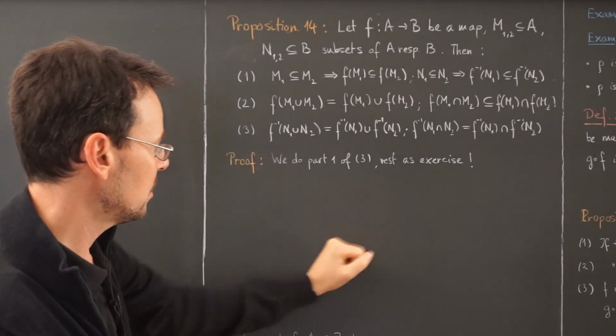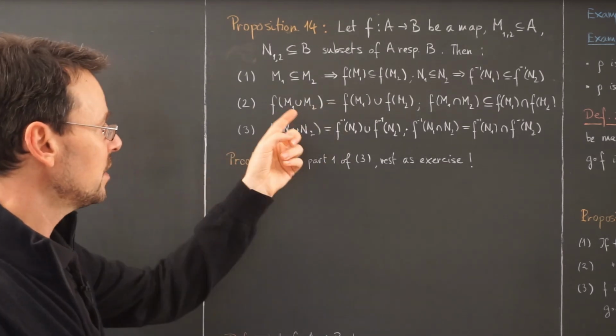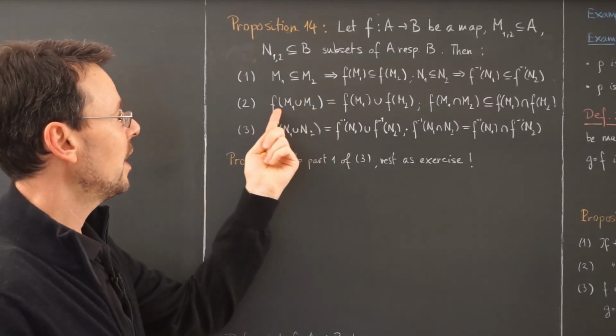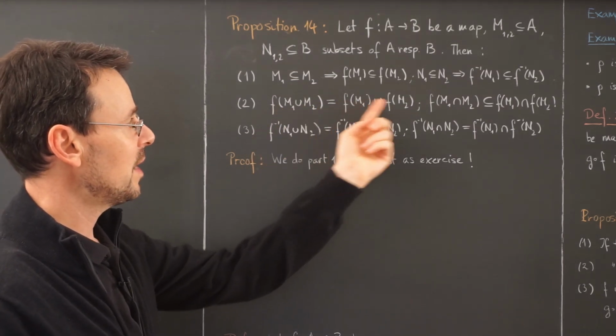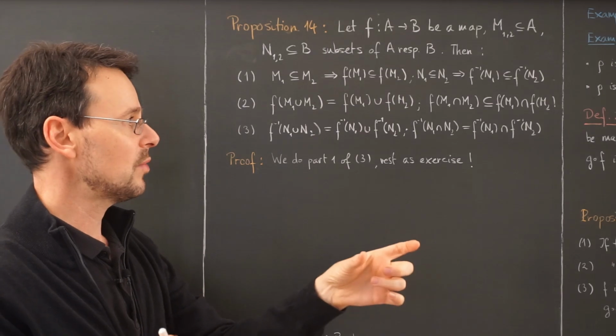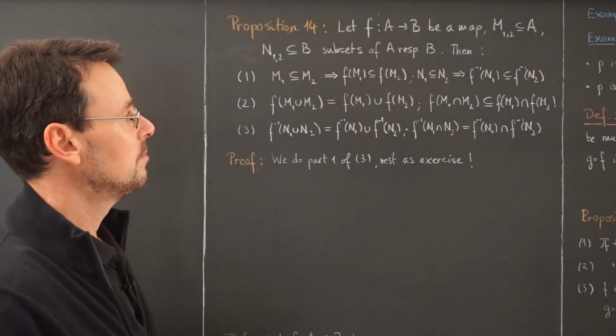So a non-exclusive OR on the level of elements, this is the union here. And if I map the union with F, it's the same as mapping M1 and M2 separately and then taking the union in B.